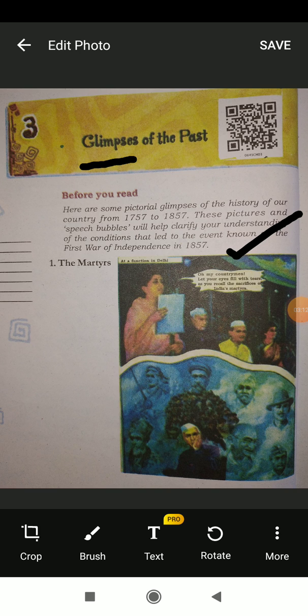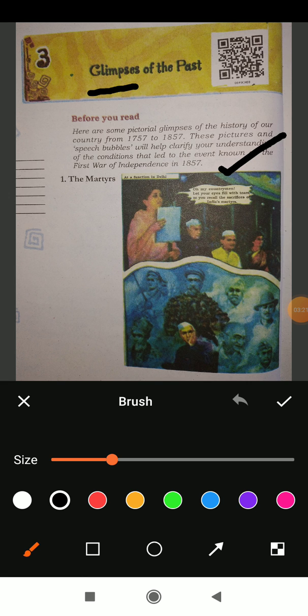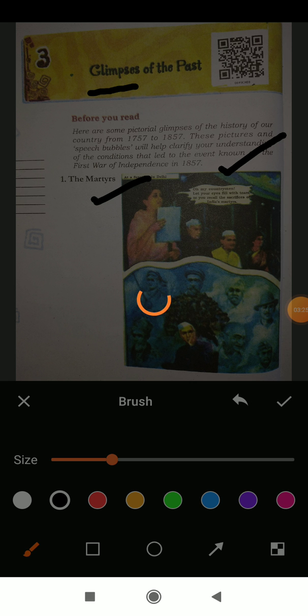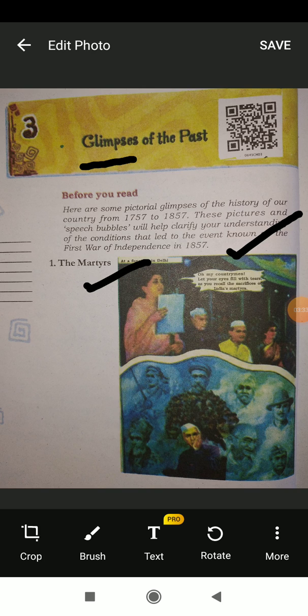So students, let's begin with the first picture, which is number one, the martyrs. Okay, here we have the martyrs first. So let's begin with this. So what is there in the martyrs? Here we have a function in Delhi, and in this function Lata Mangeshkar is seen holding a paper.